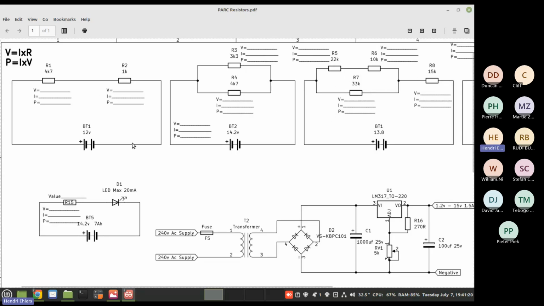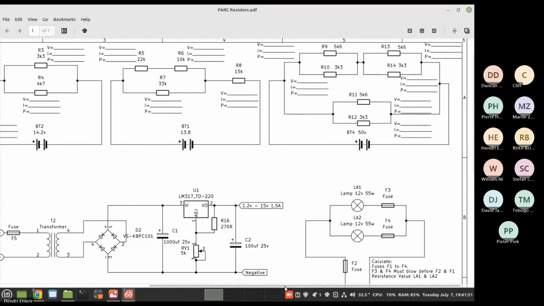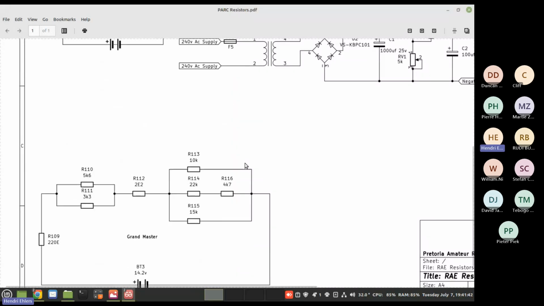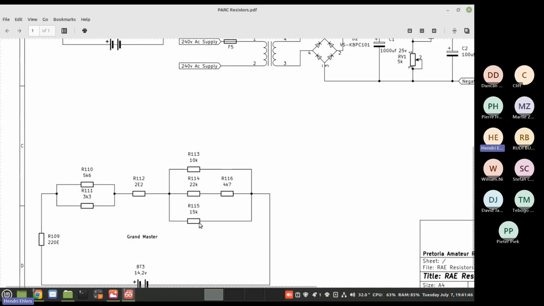If you can get these three right, and you can calculate every single thing that there is to calculate, you'll be okay. These are for the overachievers, and then this is another one that if you can do this one, then you can call yourself the Grand Master of resistor calculations, because then you can really do it.